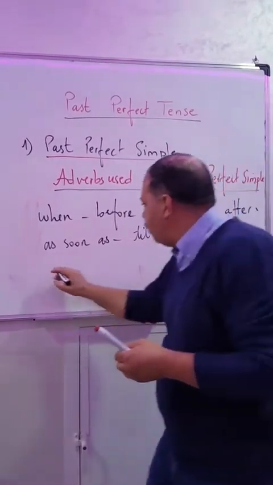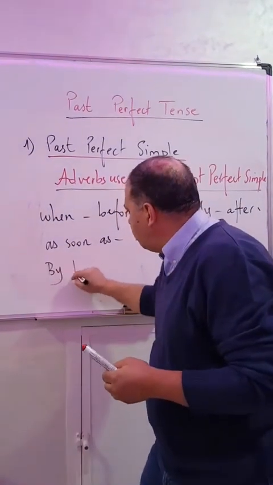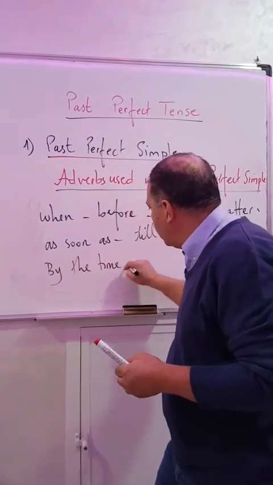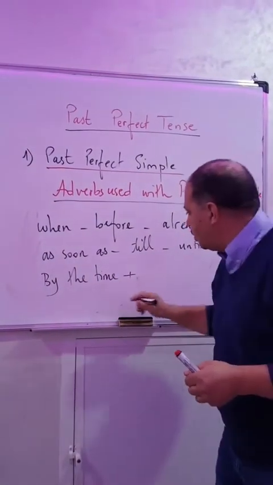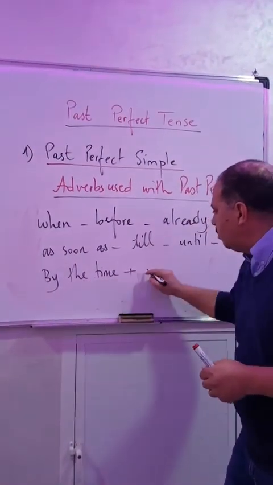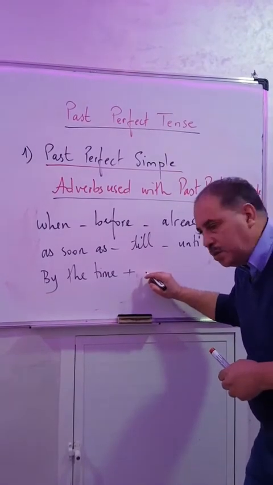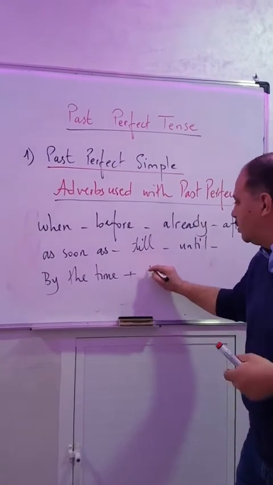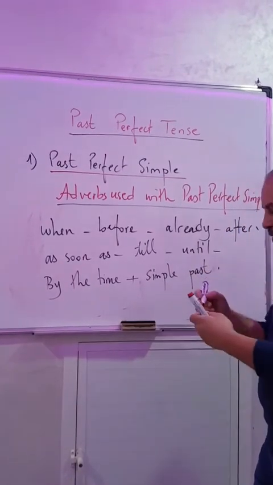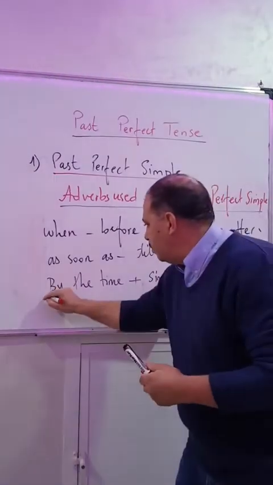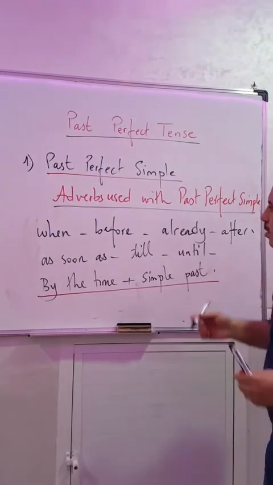Of course, if we have in a sentence the expression by the time, this introduces the second action, which is in simple past. We have to pay attention to this.